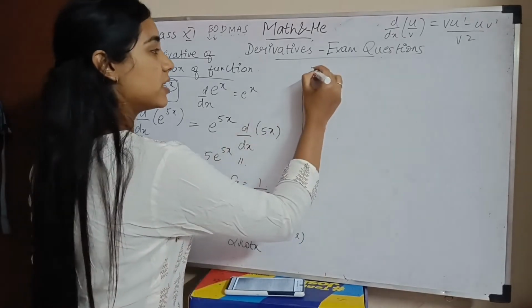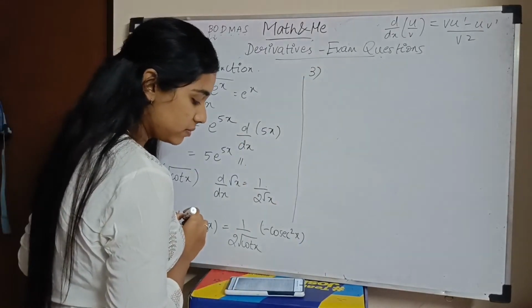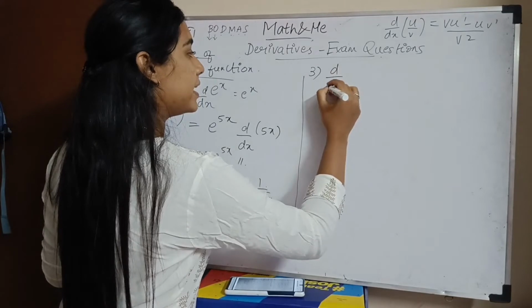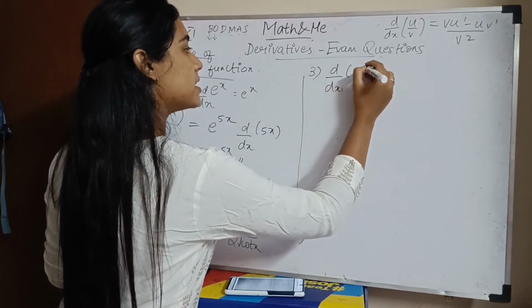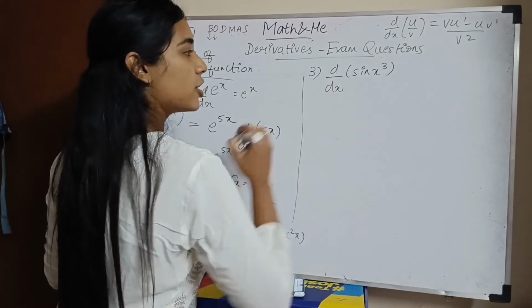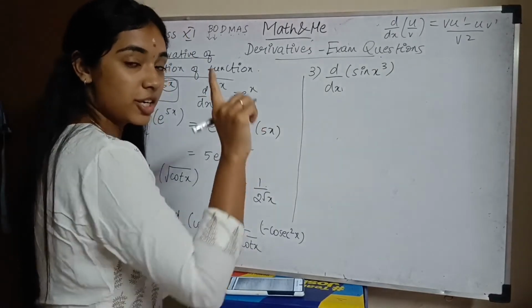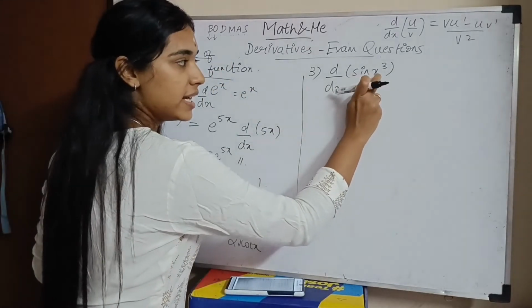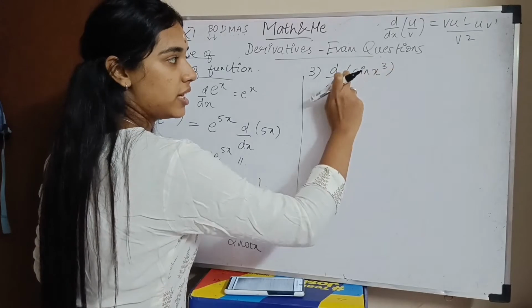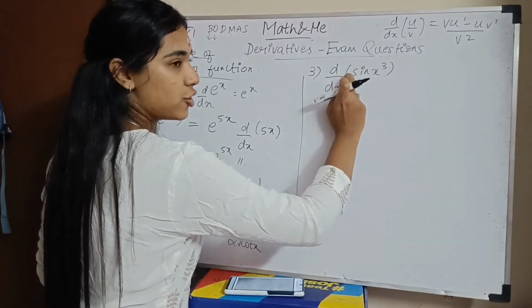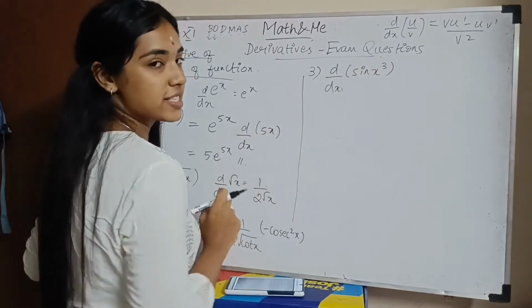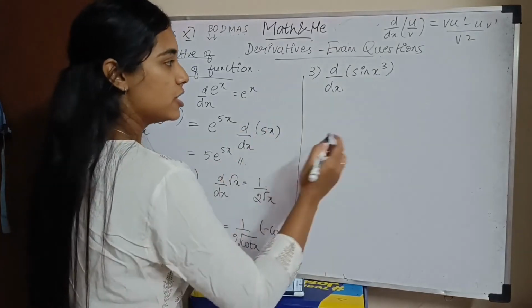Okay. Question number 3. d by dx of sine x cube. It is not sine cube x. It is sine x cube. So the first function is sine x cube. Second function is x cube. So the function is inside a function. So what do you do?